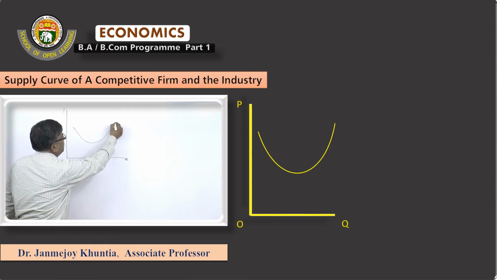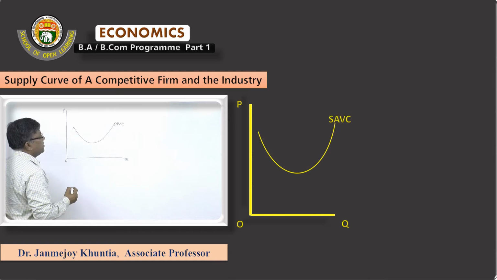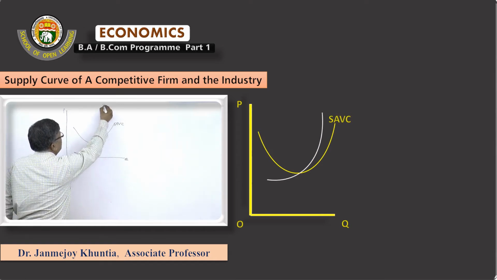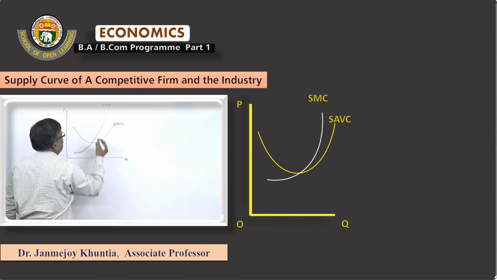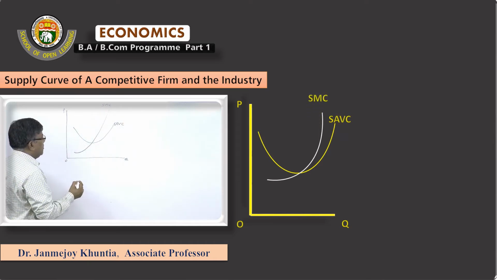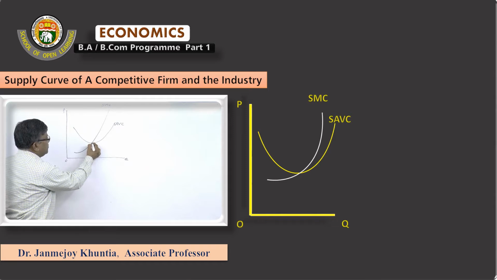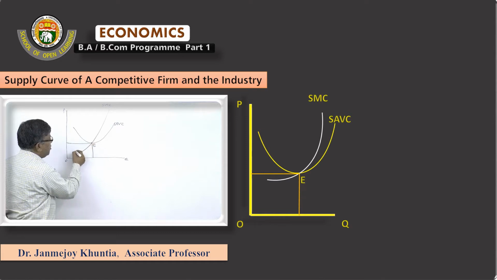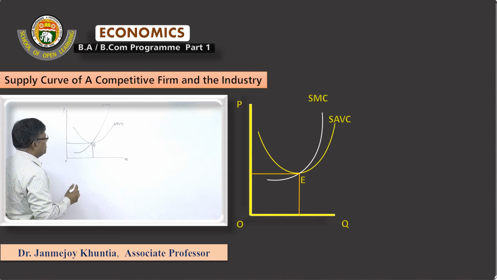This is the average variable cost in the short run, so we write SAVC. This is the short run marginal cost. We all know that the firm cannot supply the output below this point. Mark this point as E, where the marginal cost is cutting the average variable cost.